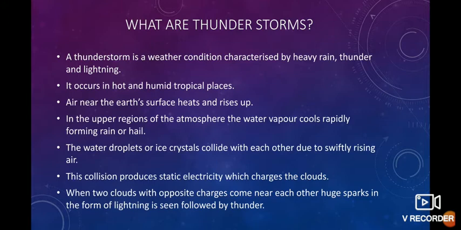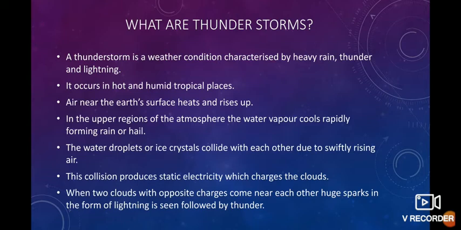This collision will produce static electricity, which charges the clouds. Have you tried to comb your freshly washed hair with a plastic comb? Sometimes it rises, isn't it? Why? Because of the production of static electricity. So in the clouds too, static electricity is produced.